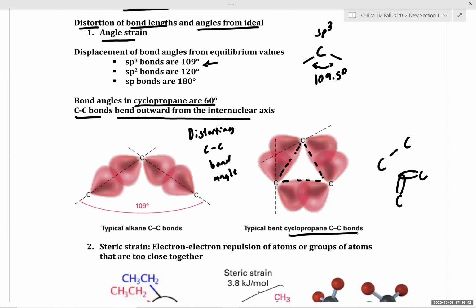Does everyone see how a cyclopropane would require a 60-degree carbon-carbon bond? Our ideal bond angle is 109 degrees. So in order to best accommodate and to best overlap and form a bond, our carbon-carbon bonds end up having to bend outward from the internuclear axis. And as a result, this overlap is less efficient.